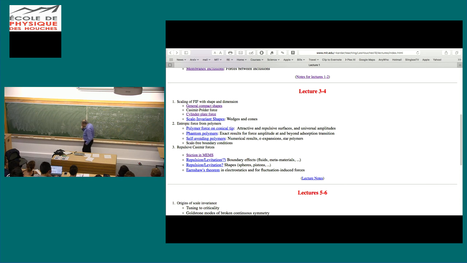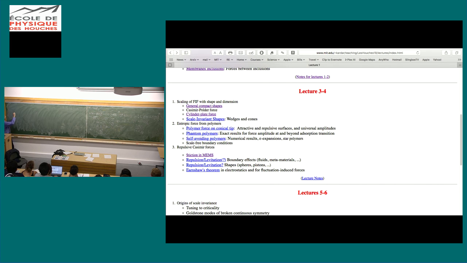Okay, so let's proceed with this kind of dimensional analysis. I have been focusing so far on why these amplitudes are important. For a while, I'm going to even forget about the amplitude and just do the dimensional analysis.